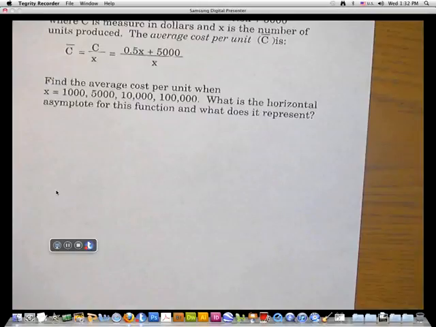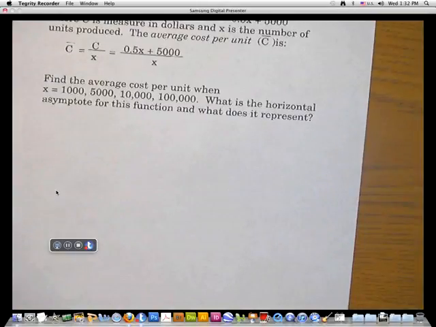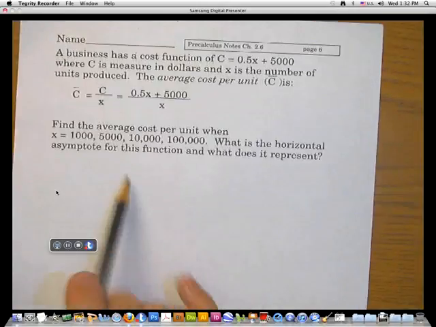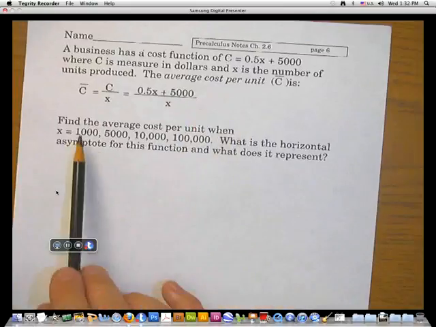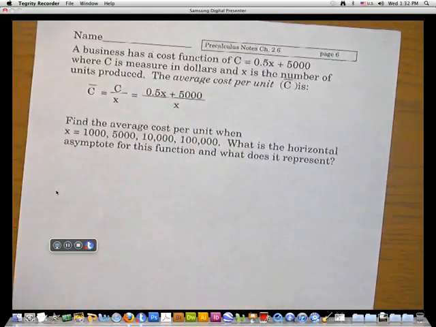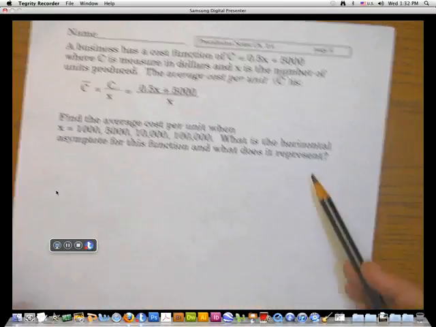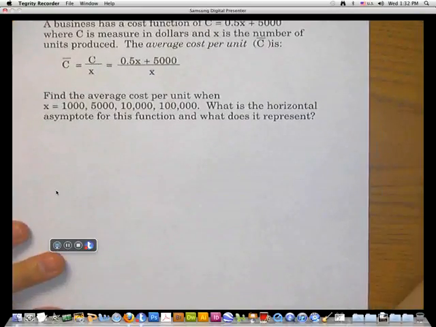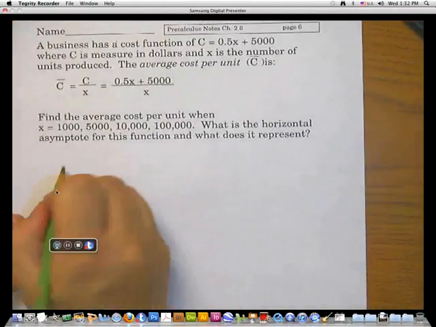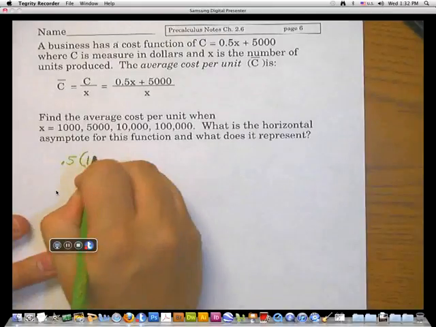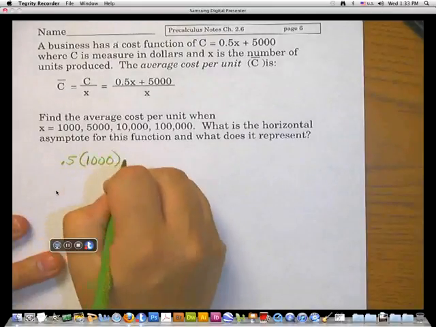Alright, so here's another one of those same type of questions for you. They're going to give you the equation, and then they're going to ask you to find the different pieces of information. So in each one of these options, we're going to plug in the 1,000.